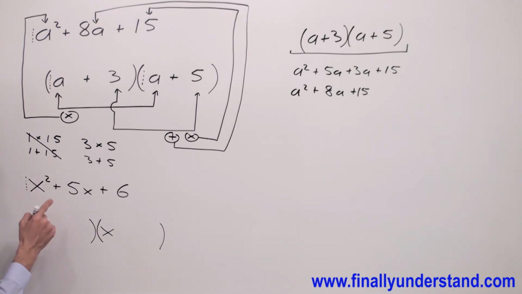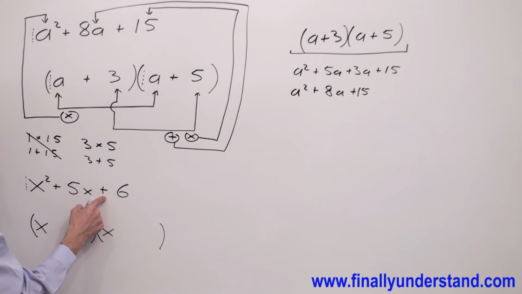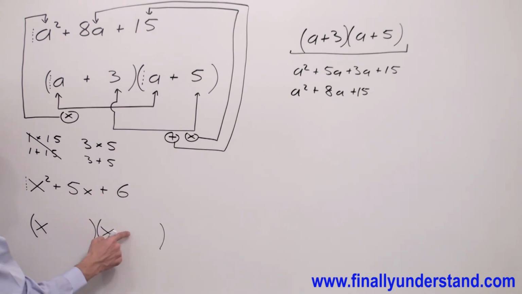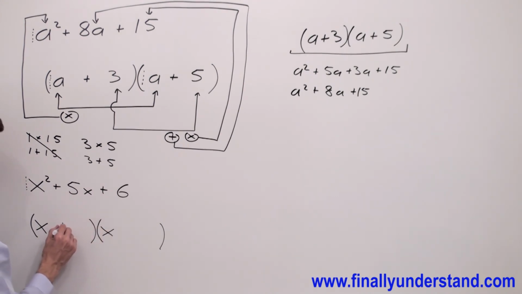Next, I have to look at the sign which is next to the third term. It's positive. A positive sign is telling me that the signs of my factors are going to be the same. The positive sign next to the second term is telling me that these two signs are going to be positive.